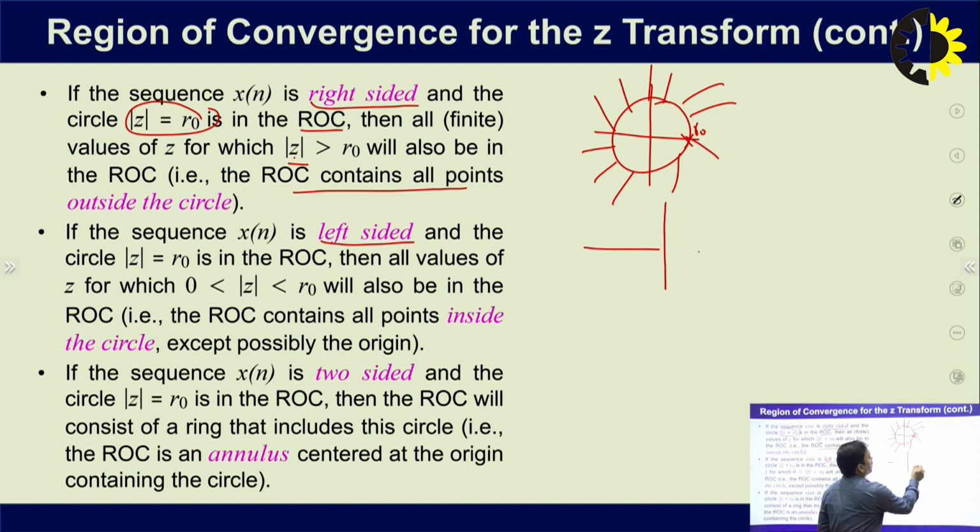So at this particular stage we can say that mod z equals r0 is a circle, so definitely we have the region inside the innermost circle.